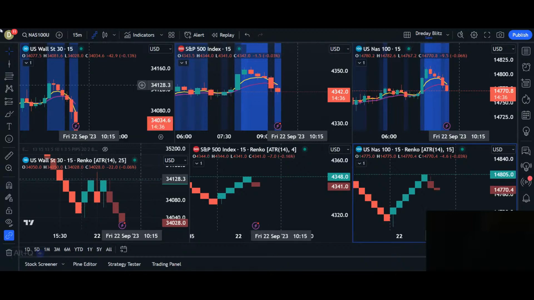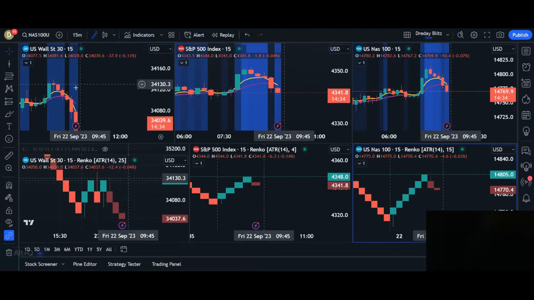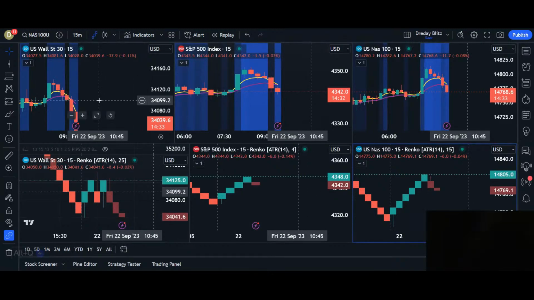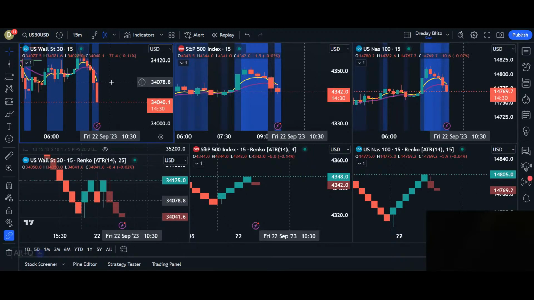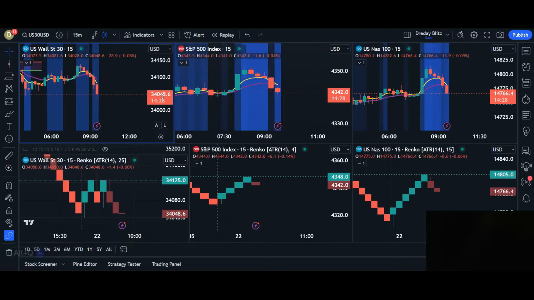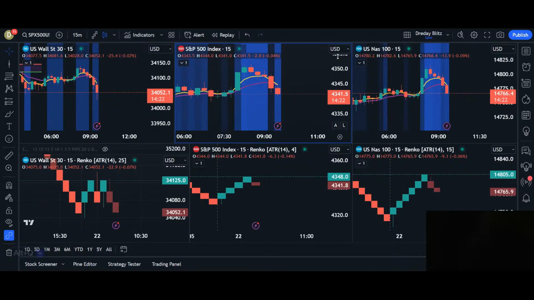The 9:30 candle came in. Like I said, I'm only taking trades based off of the entry mechanism that I have. As long as I don't see a signal, I'm not taking the trade.